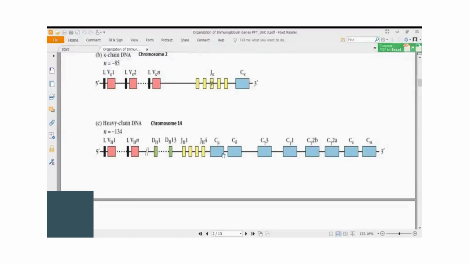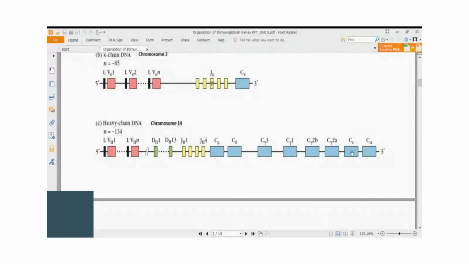So C mu and C delta constitute the receptor of the B lymphocyte, which I had discussed yesterday also, when I had discussed the B cell receptor. Therefore, these two genes are the first two genes of the constant region present in the 5' end of the genetic segment to recombine with the variable region gene. Then comes the 4 different classes of the gamma globulin, and those gamma globulin genes are present immediately after the C delta.